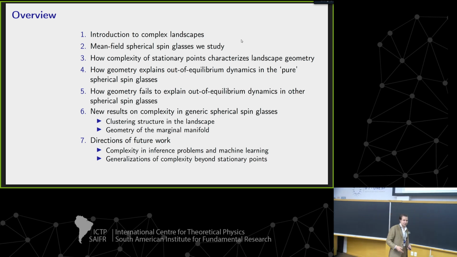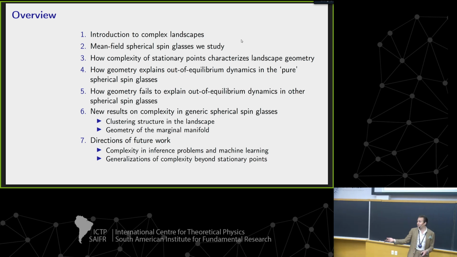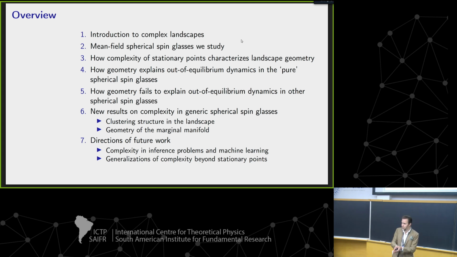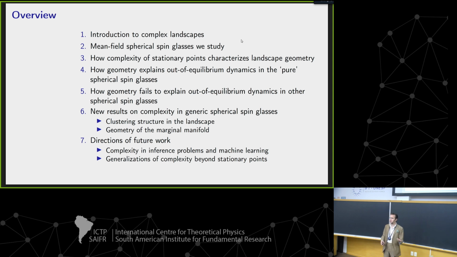Then I'm going to explain some old results, ancient history, that demonstrate how this kind of analysis of stationary point statistics can succeed very well in explaining, in a kind of satisfactory algorithm-dependent way, physics-dependent way, why certain dynamics happens in a subset of these models, the very simplest ones. But then we'll see some recent discoveries, not by me, which show that, in fact, this beautiful correspondence between geometry and dynamics doesn't hold in slightly more complicated models.